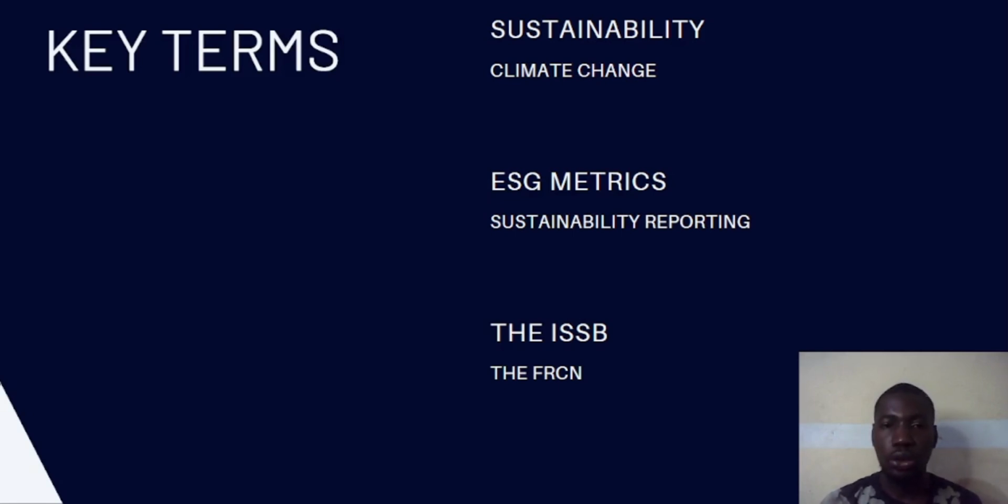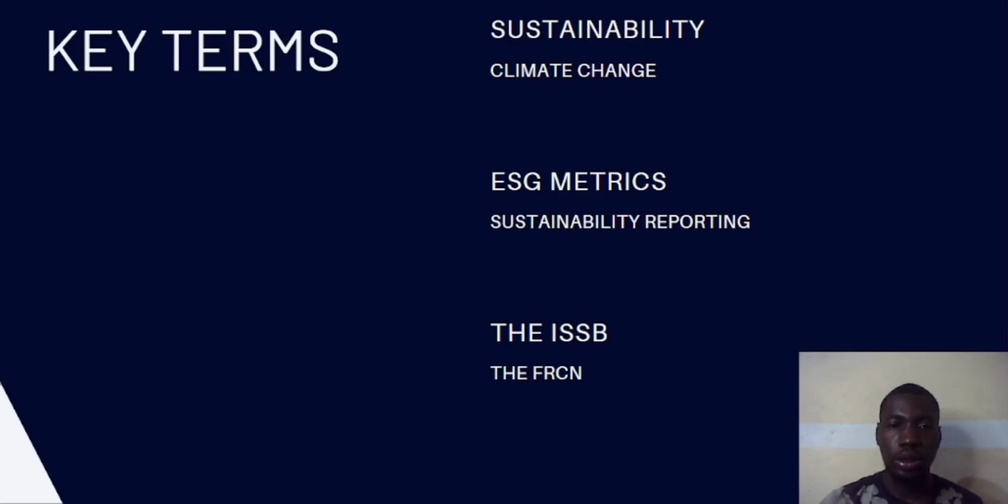So the Financial Reporting Council of Nigeria, that's for the Nigerian viewers, is the federal government agency established to adopt standards by the International Accounting Standards Board, basically. So they are in charge of implementing sustainability reporting also in Nigeria. I won't say too much about that since we have a mixed audience here.